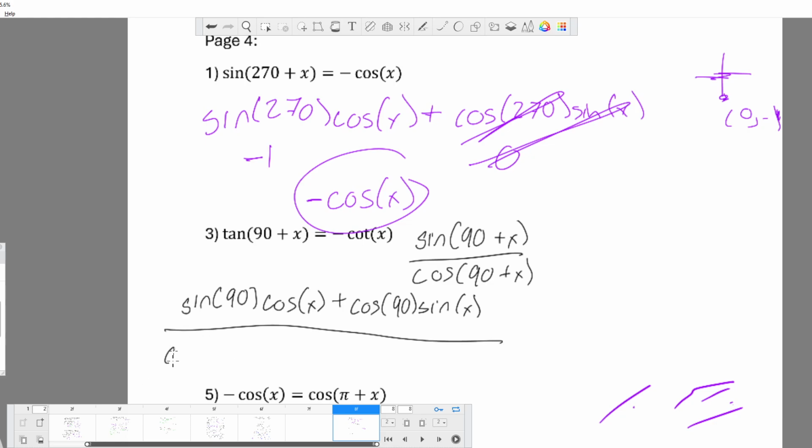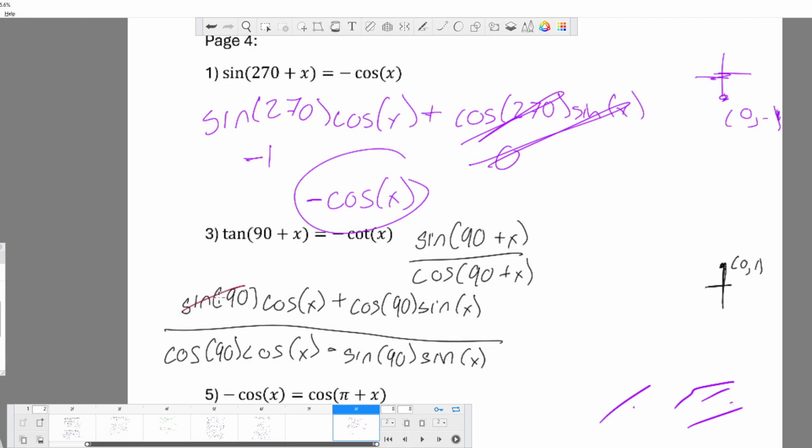Cosine is cosine cosine, so it does cosine of 90, cosine of x with a different sign, sine 90, sine x. So 90, if we're thinking about our unit circle, is at the top, which is 0, 1. So that means cosines will go to 0, sines will go to 1.